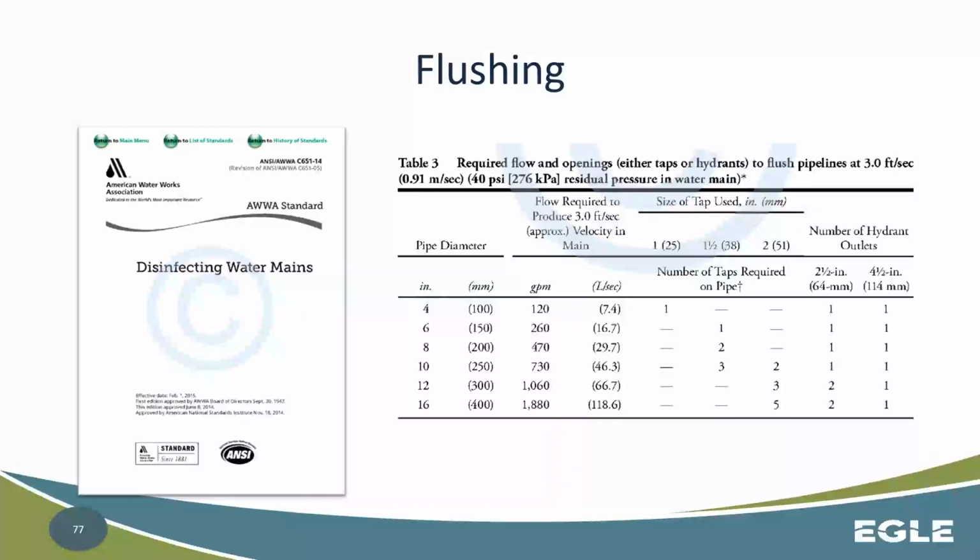This is an actual table from that. But obviously you can do these calculations on your own as well. This is just a little cheat sheet based on certain PSI. This is what you should expect given a certain pipe diameter, what you need to meet for the gallons per minute to meet that 3 feet per second. But they're fairly easy calculations that you can do on your own as well.